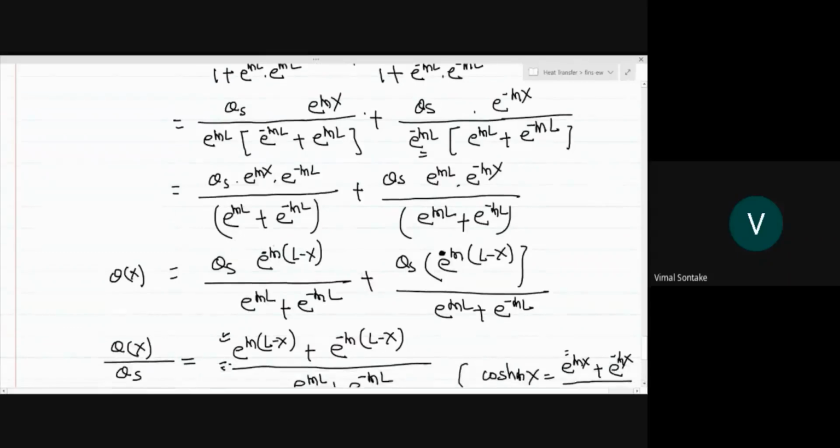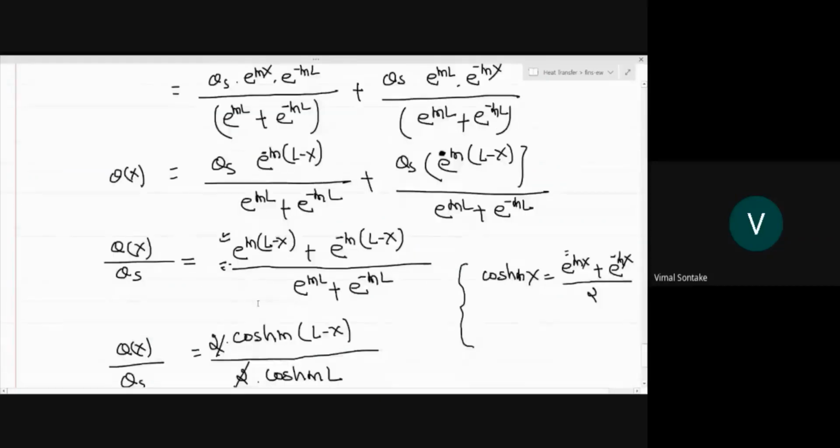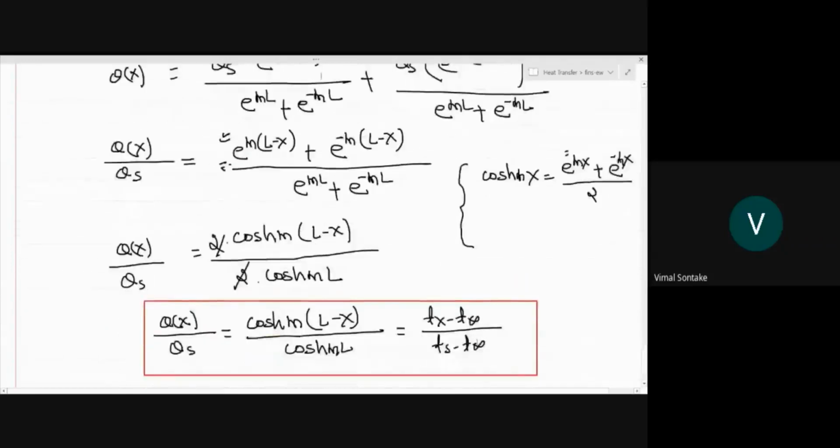So like that, now I can write it: e to power m L minus x plus e to power minus m L minus x, plus e to power ml. Okay, so this way it will become theta x over theta s is equal to cos hyperbolic m L minus x over cos hyperbolic ml, which is equal to Tx minus T infinity over Ts minus T infinity. Okay, this way.